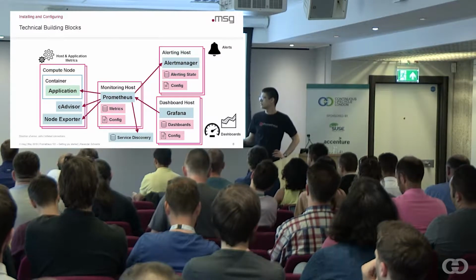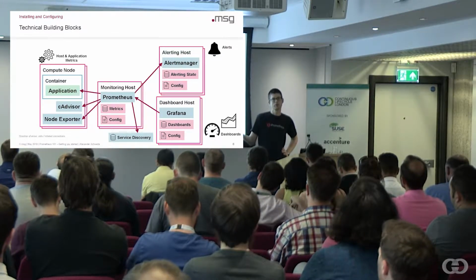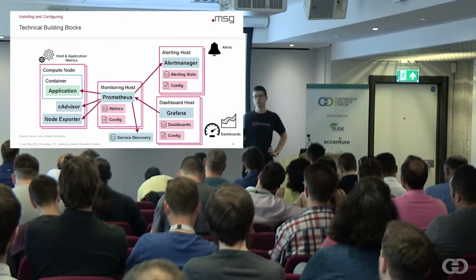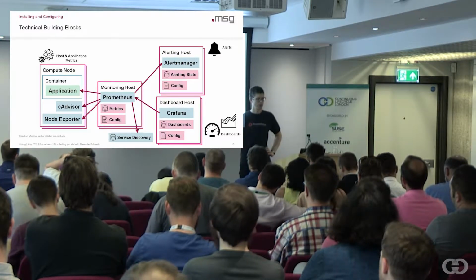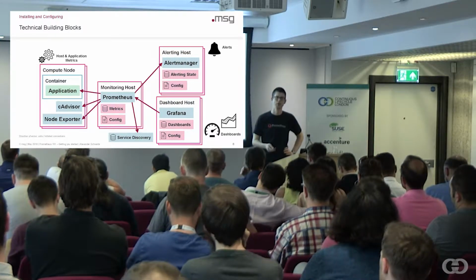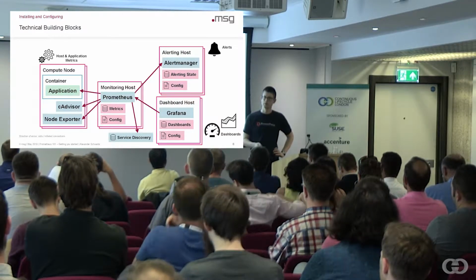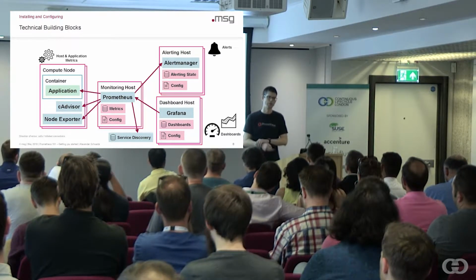In other environments, you might call it an agent. But this is a Go binary. You install it there, it opens a port, and Prometheus will connect to the node exporter and pull the metrics from there. Pull the metrics about CPU usage, RAM usage, disk usage, network, you name it. All these metrics together are about 1,000 metrics for a single node that will be collected.